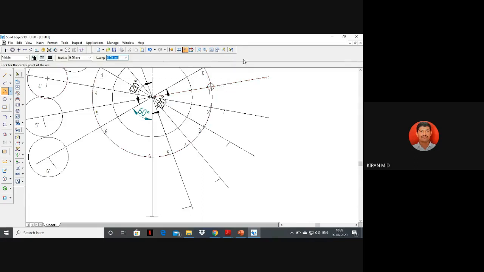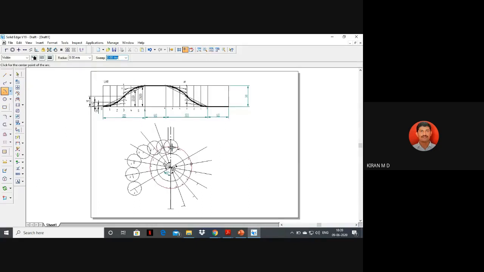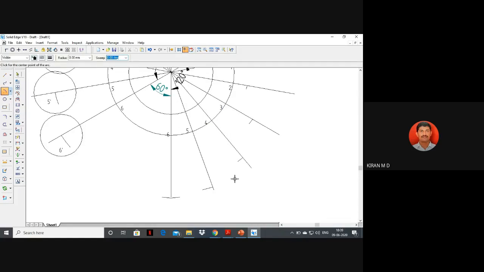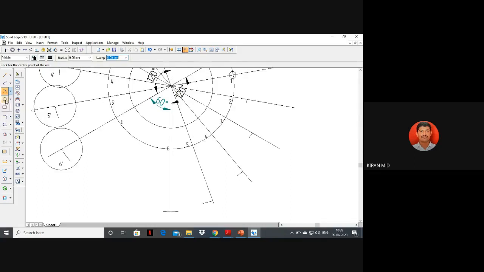So now once you draw this one, same procedure. Just draw the circle using that as the center. 20 mm is the diameter.